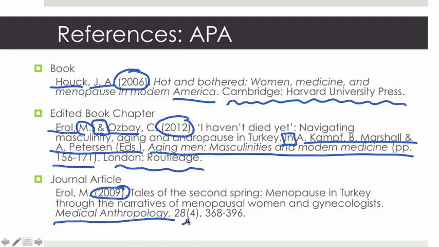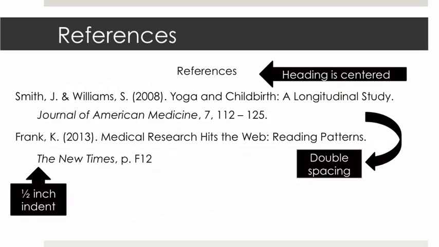And then you give the volume, and in parentheses the issue, and at the end you also give the page range of the article. And when you are listing those references, you alphabetize everything and then indent after the first line. Here in this example you can see the formatting a little bit better.